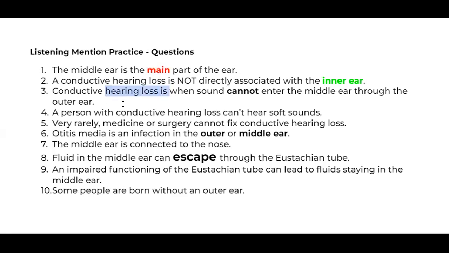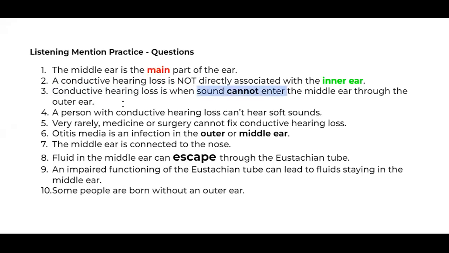Conductive hearing loss is when sound cannot enter the middle ear through the outer ear. The audio does not say the source and destination. According to this statement, sound cannot enter the middle ear through the outer ear.